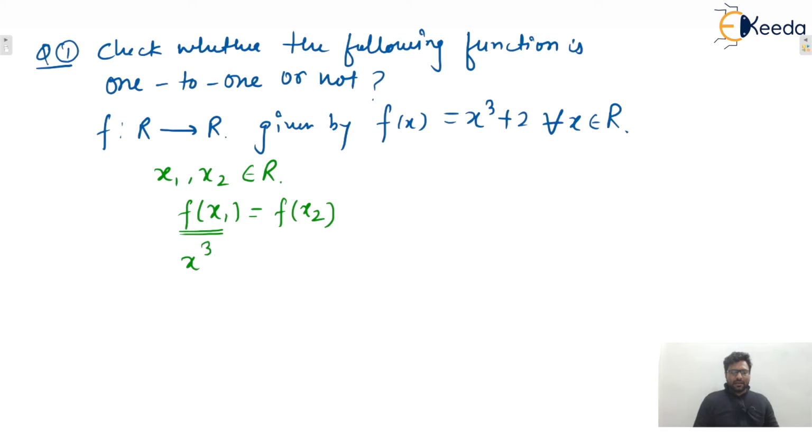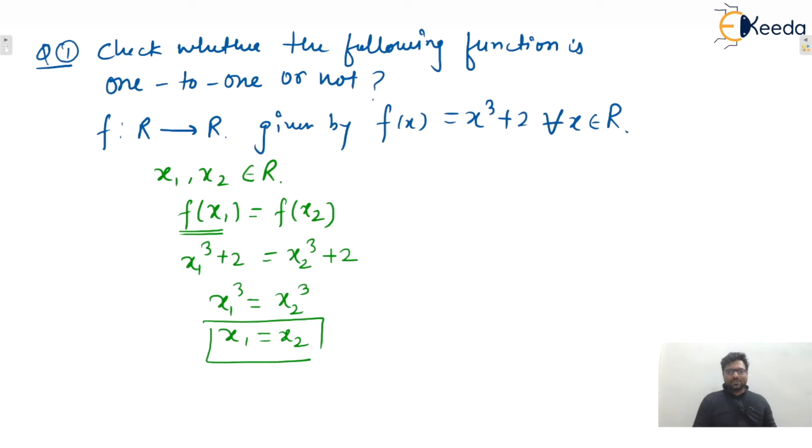So we can say x1 cube + 2 equals x2 cube + 2. From here we can say that x1 cube equals x2 cube. So here we can say that x1 equals x2. So one unique solution is there. That means we proved, if we assume that any two elements have the same image, then those elements are also the same.